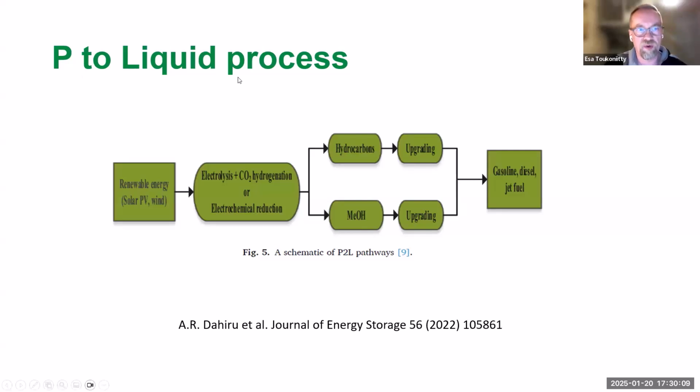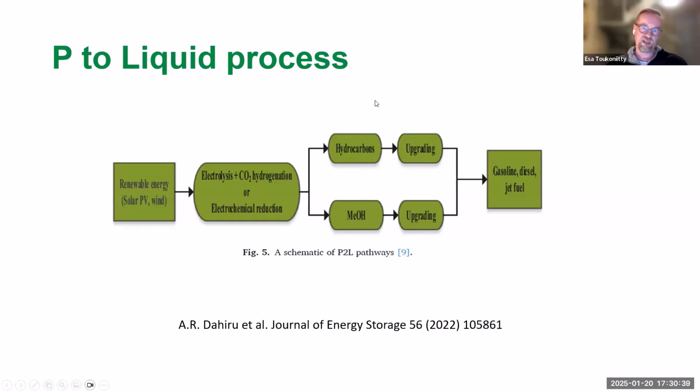And this also power to liquid, this could refer to power to chemicals. So one could understand methanol as a chemical, or certain hydrocarbons could be referred to as power to chemical process products. So the approach is very similar. Usually there is in the beginning the electrolysis, then some chemical transformations which require certain reactors, catalysts, and so on.